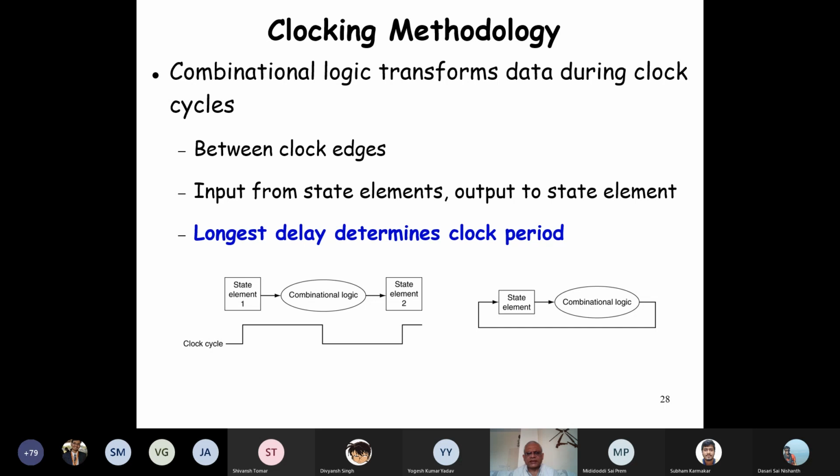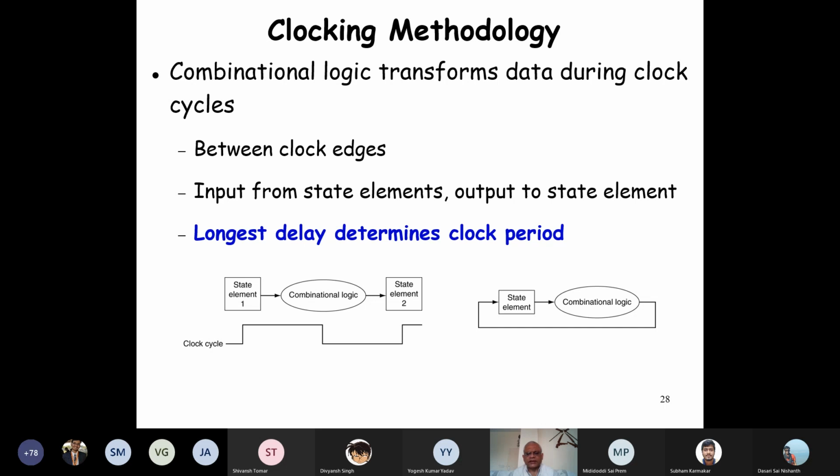Now, as the signal goes through the different elements in the logic, there is a delay. And the clock cycle is determined by the delay in this combinational logic, like the ALU and so on.